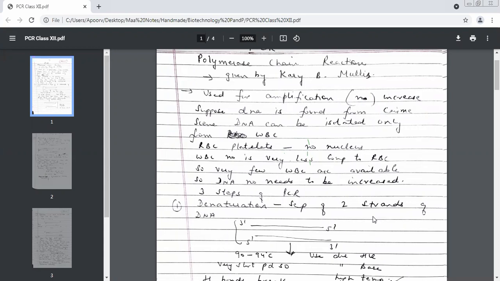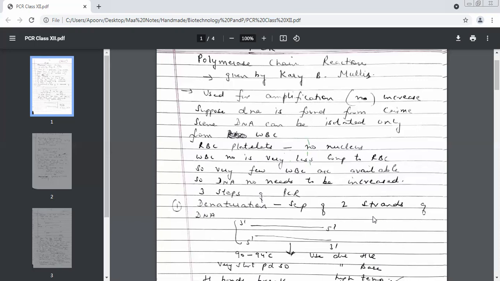Very, very important topic. Tell me very quickly, what is the first step in PCR? Denaturation. Yes, denaturation. Very good. We change the original nature of DNA. So double-stranded DNA is converted into which DNA? Single-stranded DNA. Very good.